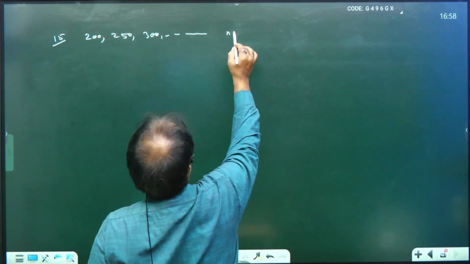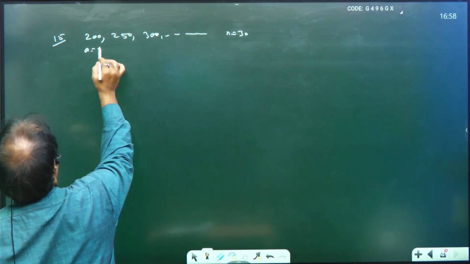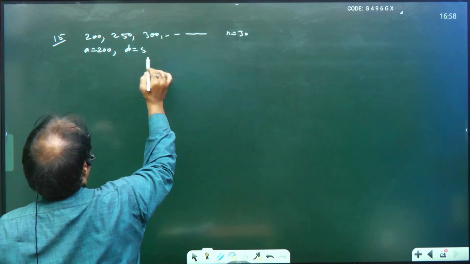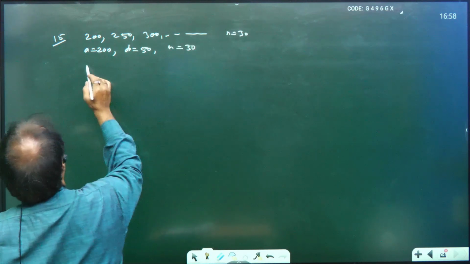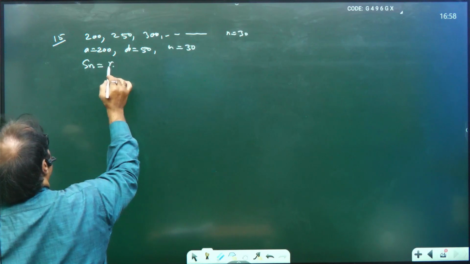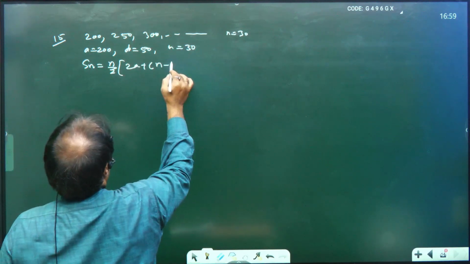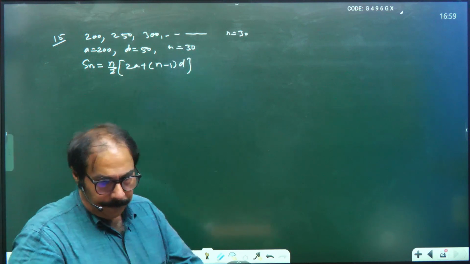Means n is equal to 30, right? So here a is equal to 200. What about D? D is equal to 50. What about N? N is equal to 30. What you have to do? Apply the formula. Sn is equal to N by 2, 2a plus N minus 1 into D. And now I think you will complete this question. Okay.